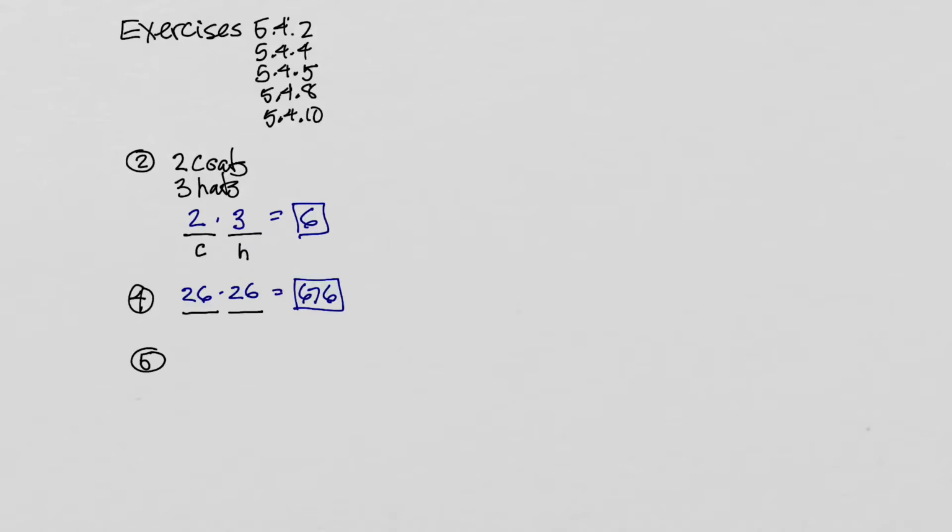Now, problem 5 says that we have a railway with 20 stations, and if the names of the point of departure and destination are printed on each ticket, how many different kinds of tickets can be printed? So we've got 2 decisions here: point of departure and then destination. How many points of departure are possible?